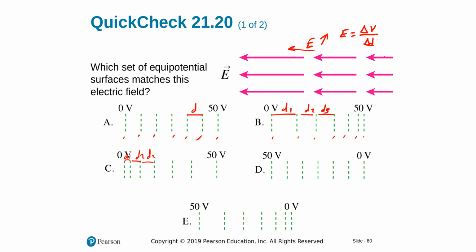First of all, let's look at the direction. I have low potential on the left, high potential on the right. From A to C, we have the same situation. Electric field direction is always from high to low. That's one relation.